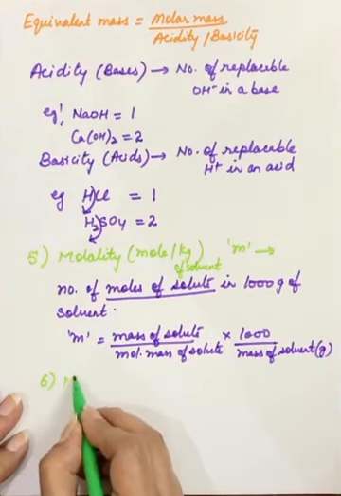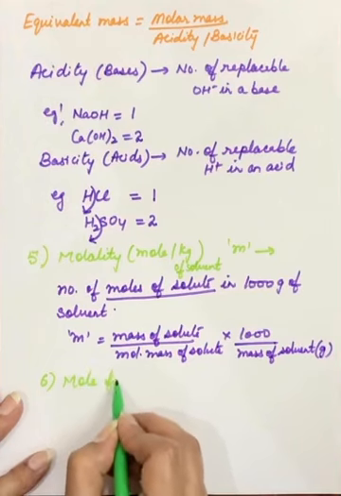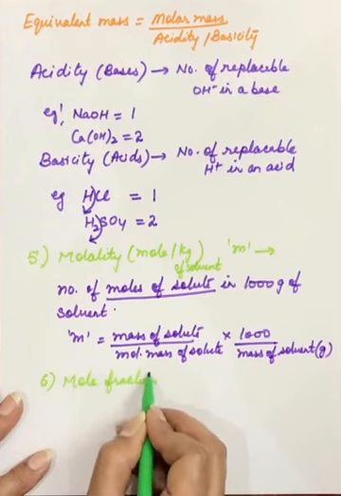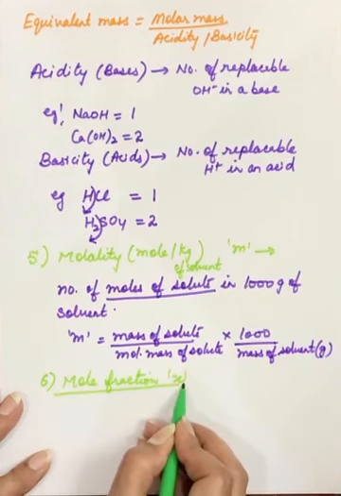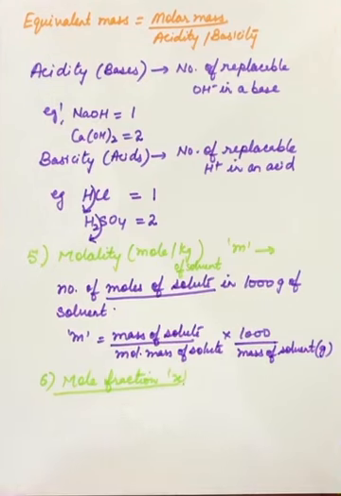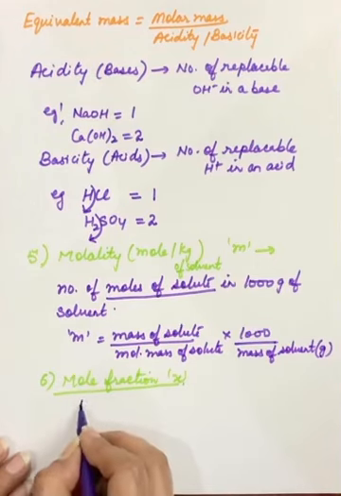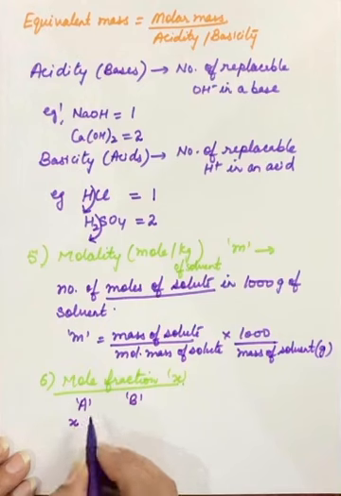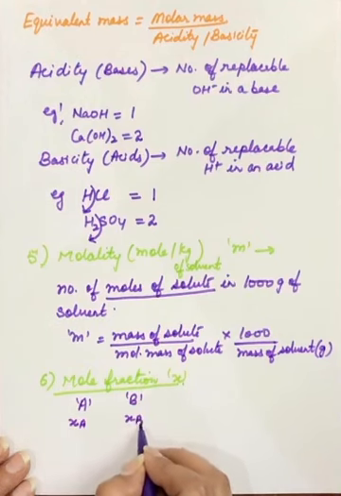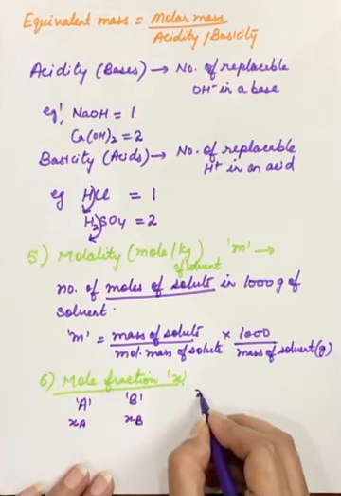Now the next concentration term is mole fraction. Fraction of which thing? Of moles, designated by the symbol X. Now if there are 2 components, let's say A and B in a solution, the fraction of moles of A component is XA and of B is XB. So what is XA?